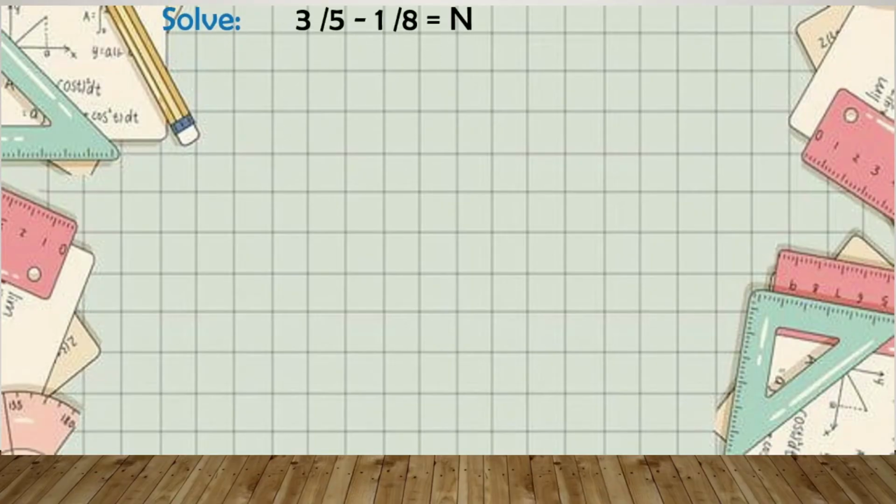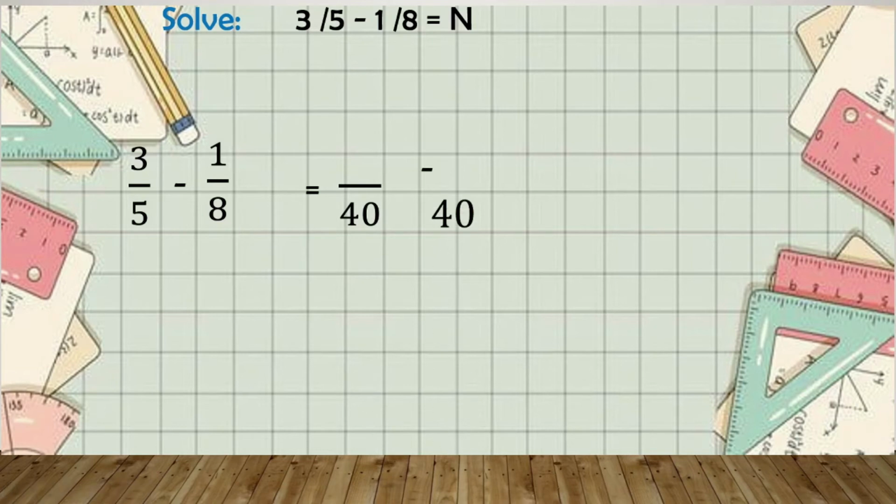Ayan, 3/5 minus 1/8. Since 3/5 minus 1/8 is dissimilar fraction, ano kaya ang magiging new denominator natin? Kukunin natin yung LCD ng 5 and 8.